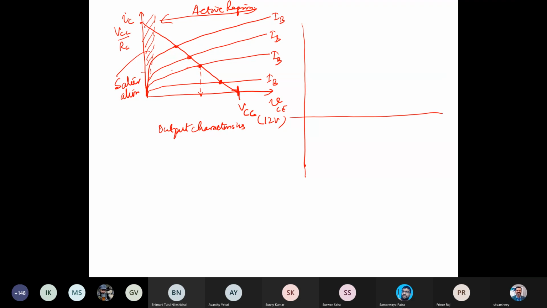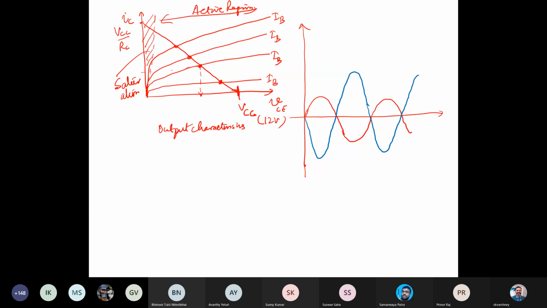You can hear me, right? Okay. So let's say this is the input signal, and what we get is an amplified output, like this.